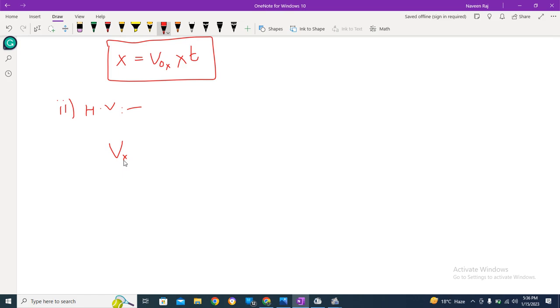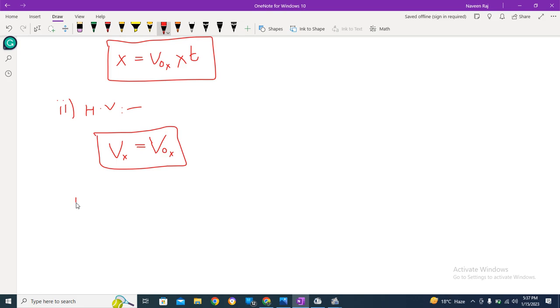As we know from our previous video, in the x direction there is no force acting upon it, so it all depends upon the initial velocity. So vx is equal to v naught x, the initial velocity, because there is no force, and in the case of horizontal motion we have constant velocity in the x direction. So this is the formula.